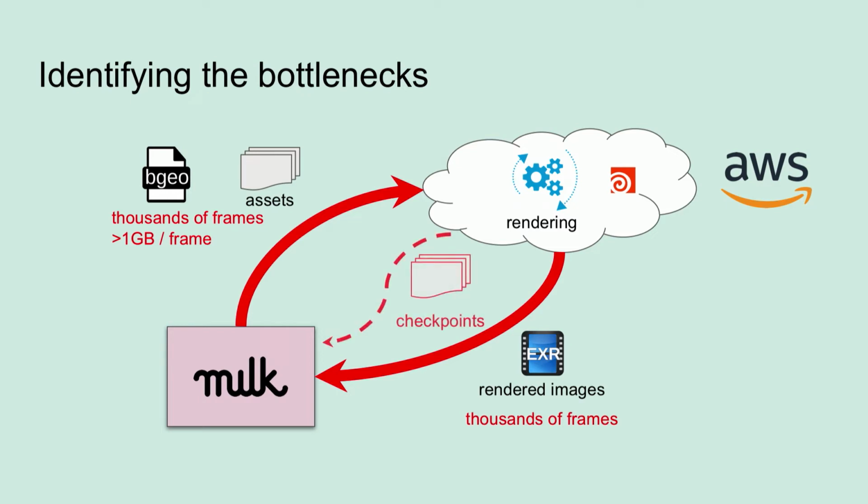One thing we didn't really think about at the beginning of the project as well is that because we were using all these checkpoints for interruptible nodes, especially in Mantra, the checkpoint files are quite huge, and Mantra is constantly writing into them. And with our shared file system approach, it means that these files would constantly get synced back to our on-prem server.